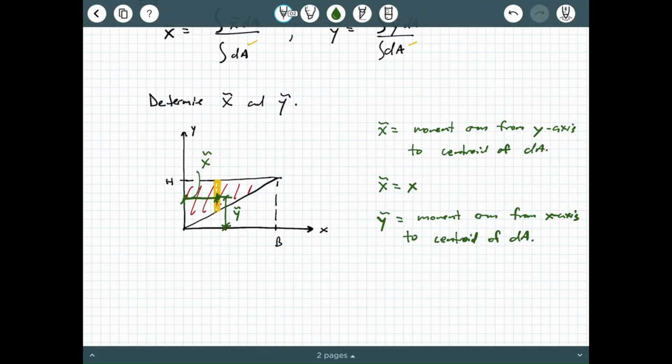So this is y tilde. How do we get that? Take a second, maybe pause the video and see if you can figure out how to determine an expression for y tilde. And remember, this slice dA could be over here somewhere, and in that case we would look for a y tilde like this. So we need some kind of formulation for it. It's not just a number, it's a formulation.